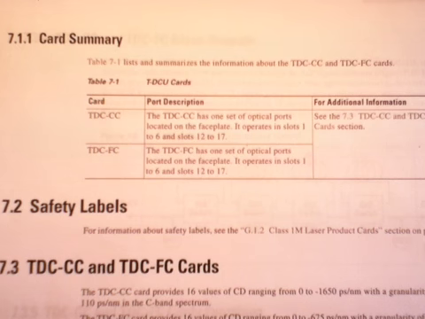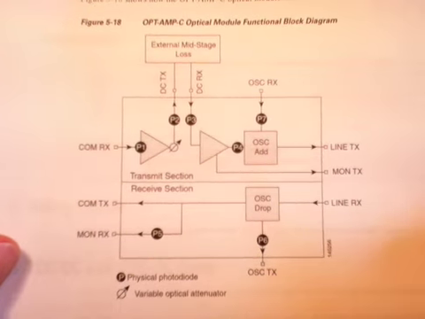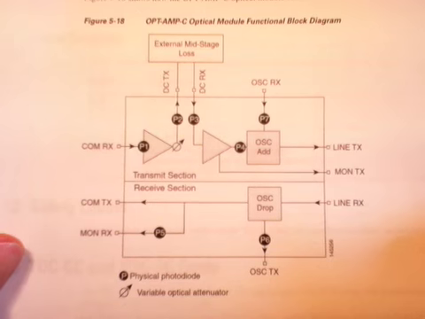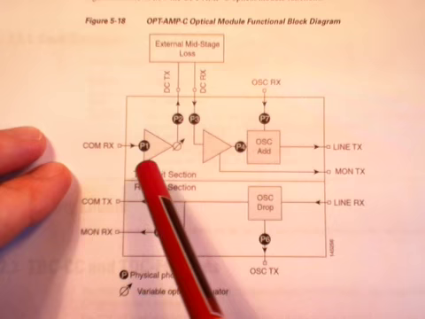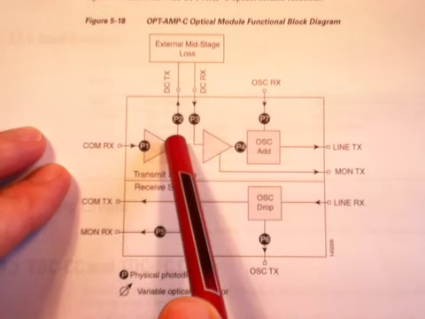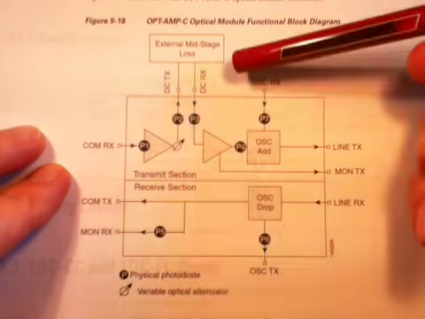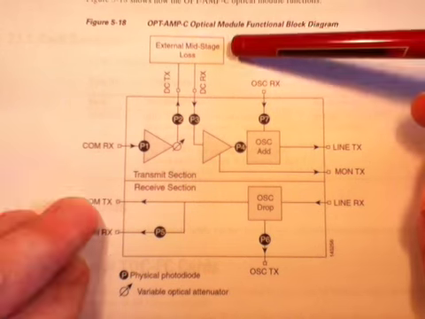These two cards, as you may recall, when we were talking in Chapter 5 about optical amplifiers, a lot of the optical amplifiers had what was called a mid-stage access, and basically here's the figure from page 5-33 of this manual, figure 5-18, showing that in the EDFA card we had a pre-stage and a post-stage, and in between we had connectors that allowed us to set up external mid-stage loss, which is typically dispersion compensation.